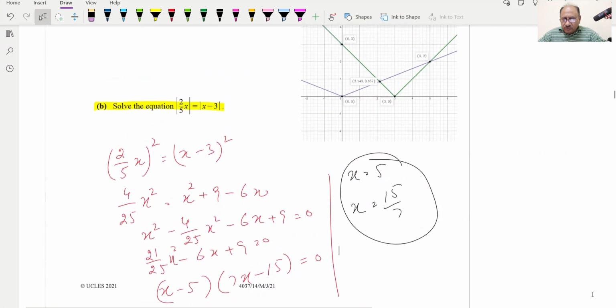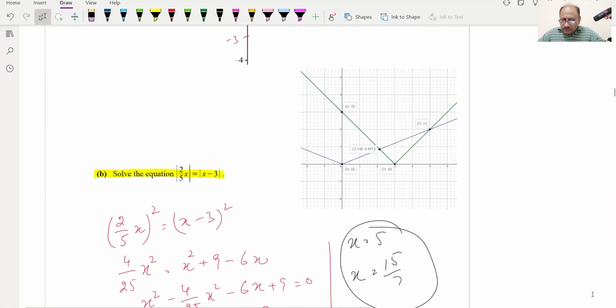Hopefully you understood this. So if we check the graph, this will be x is equal to 5. This is x is equal to 5.